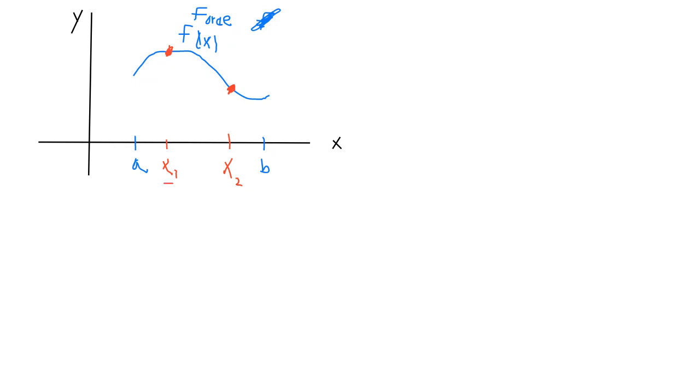So x1 and x2 are different positions. So when the object is at position x1, which is like say x1 feet from the origin, the force equals this value. This is f of x1. And when the object is at position x2, the force applied on the object is f of x2. So the force is lessening in this case.